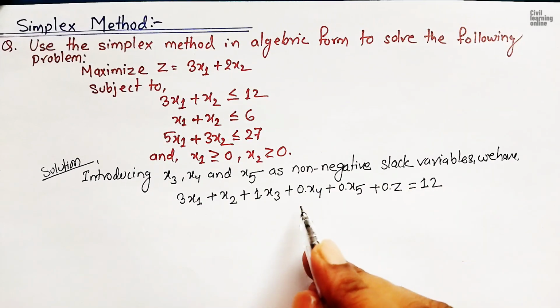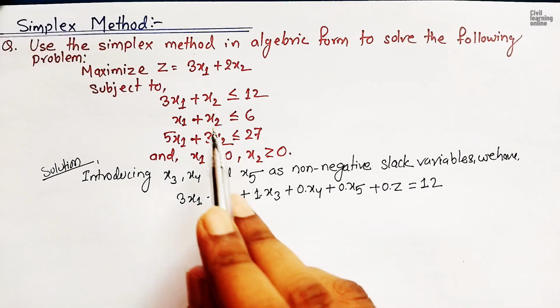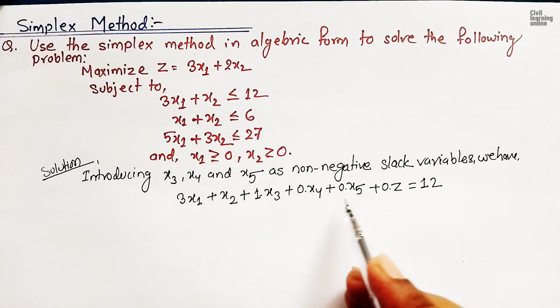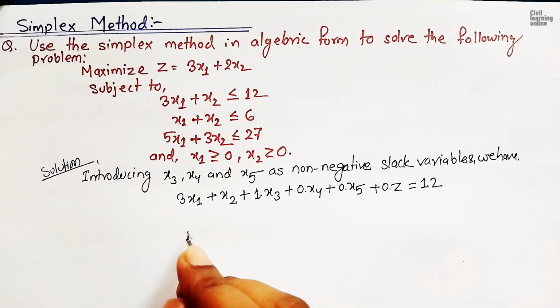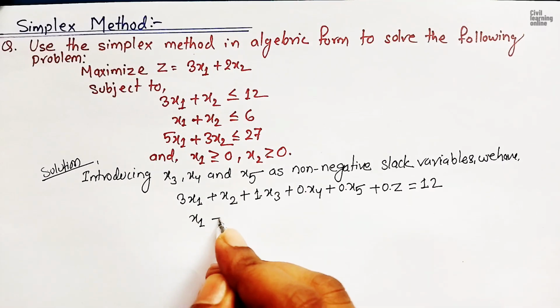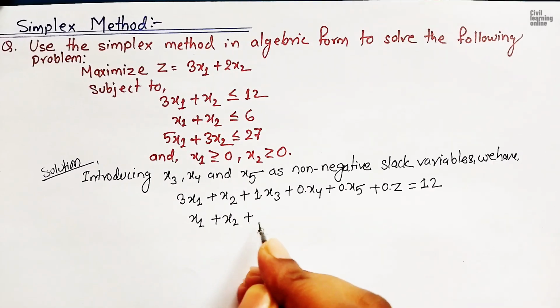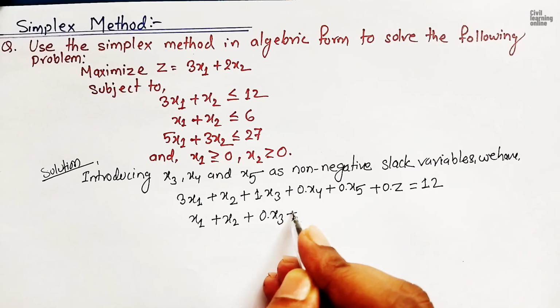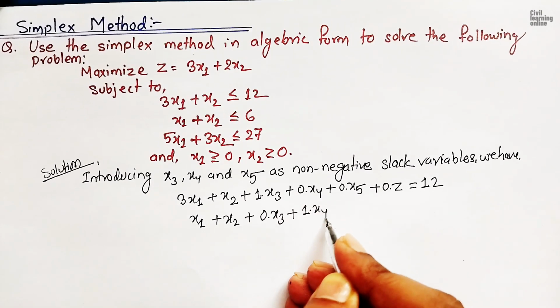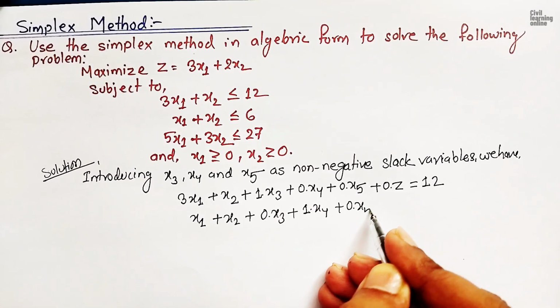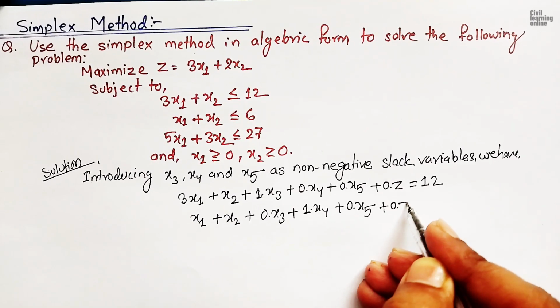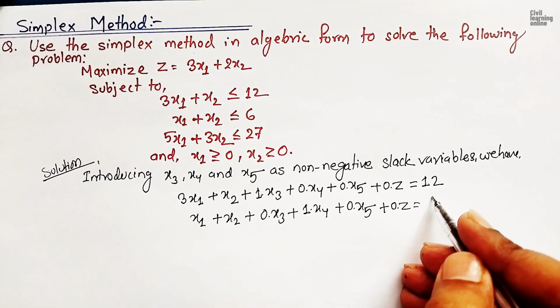Due to the introduction of these non-negative slack variables, this inequality got converted into an equation. Now we have x1 plus x2 plus 0 times x3 plus 1 times x4 plus 0 times x5 plus 0 times z equals 6.